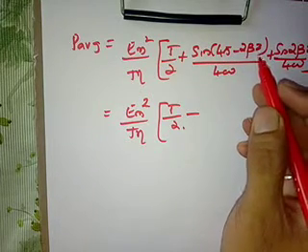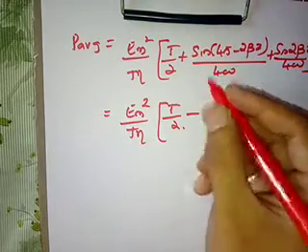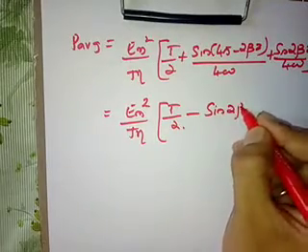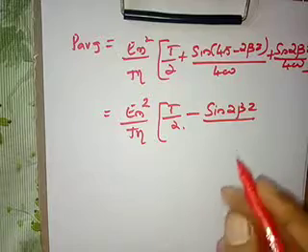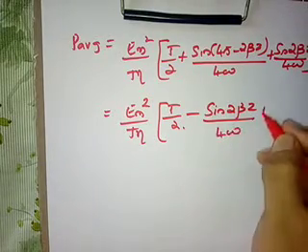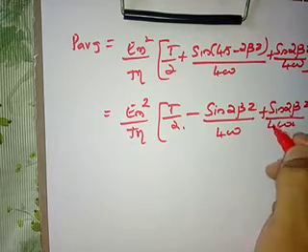Sine of 360 minus theta is minus sine theta, so instead of plus we get minus sine of 2 beta z. So this is minus sine 2 beta z divided by 4 omega plus sine 2 beta z by 4 omega.